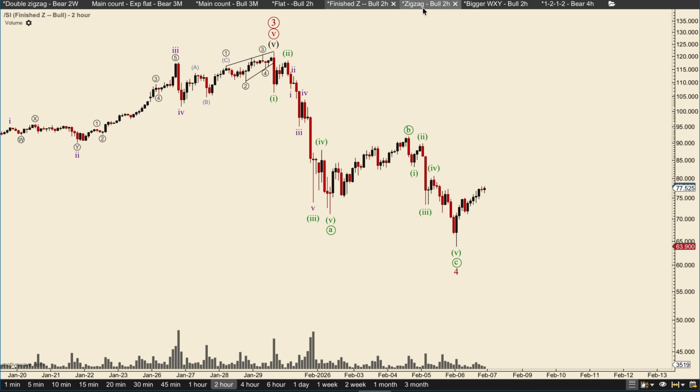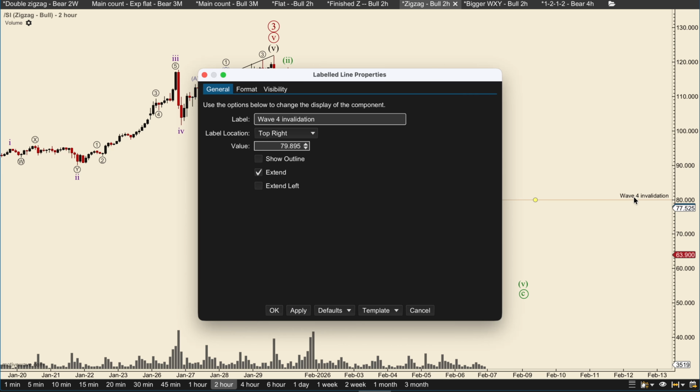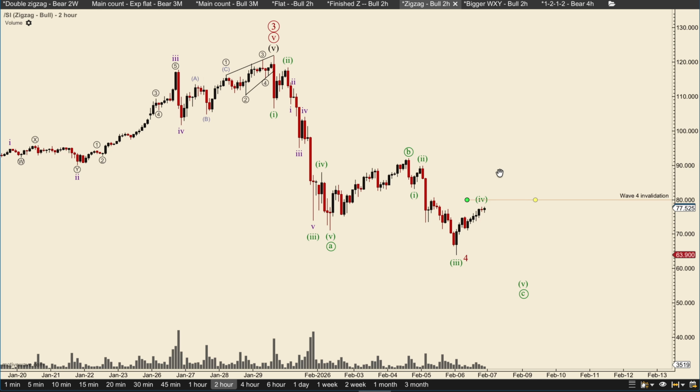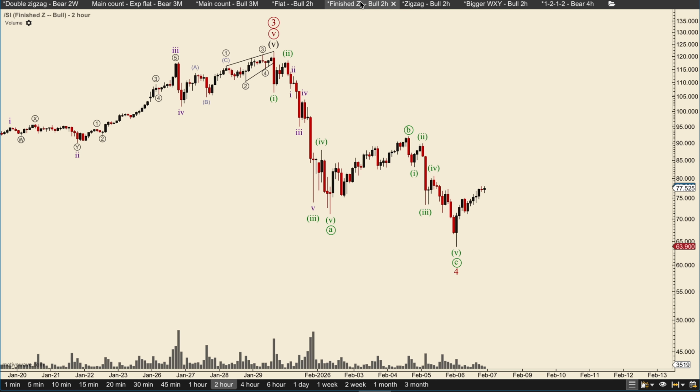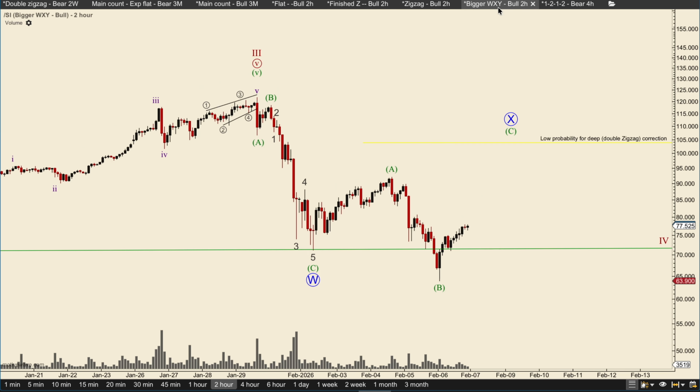So it is very important, for this, the wave 4 invalidation at 79.895, to know which one of these zigzags is the correct zigzag to look out for. And then the WXY, as I mentioned, has a lower probability than a zigzag for commodities in wave 4, but it is totally fine and it can happen.